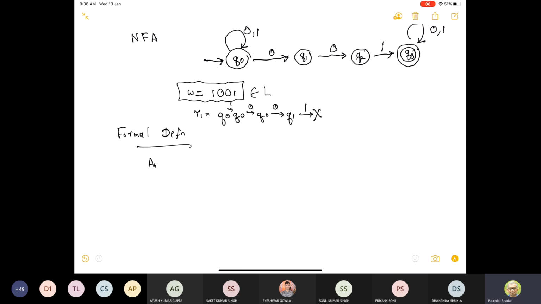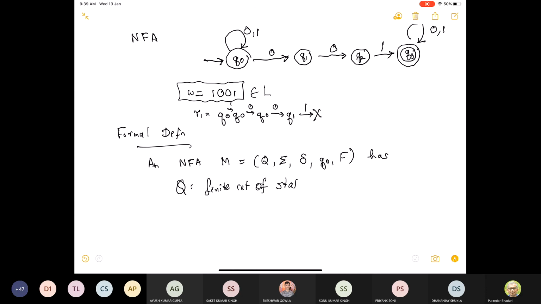So an NFA, or non-deterministic finite automaton, has the following components. Everything appears to be the same: a finite set of states, an alphabet.